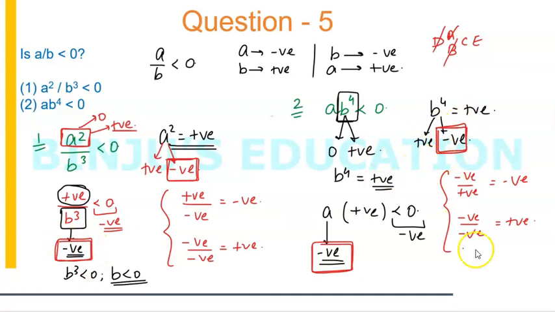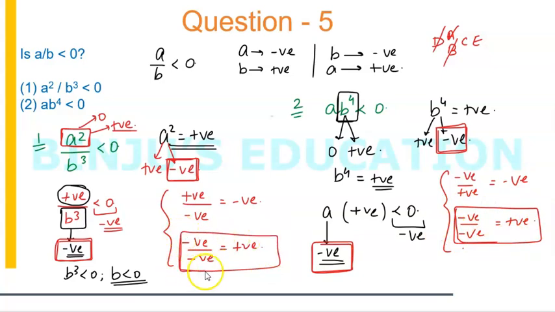If you observe, you'll see that this is the only conclusion which is coming out to be the same. That is A and B are both negative. So negative by negative is positive, which means if we combine both the statements, we can definitely conclude that A by B is greater than 0. This is our definite conclusion.